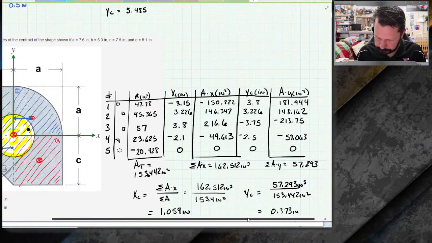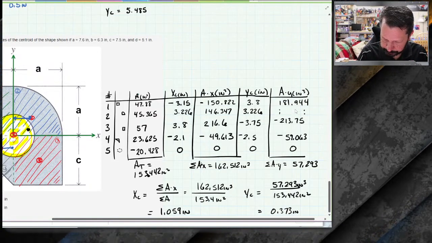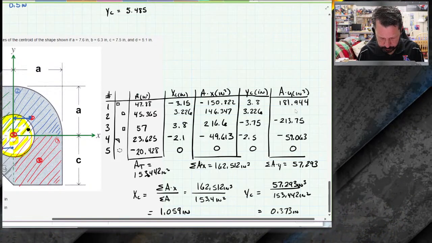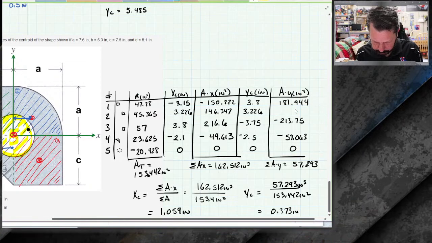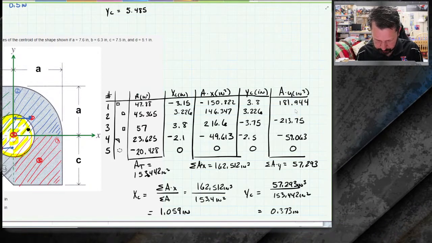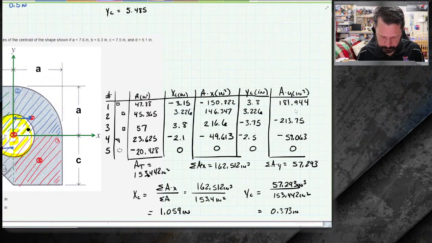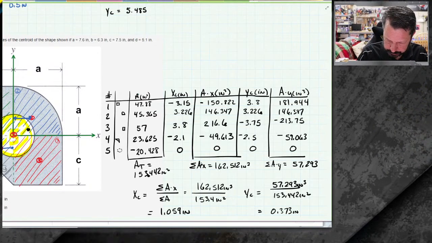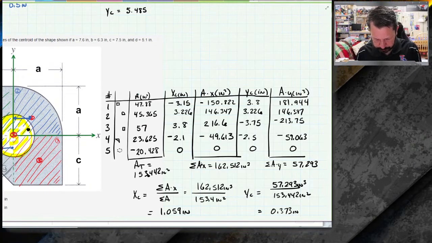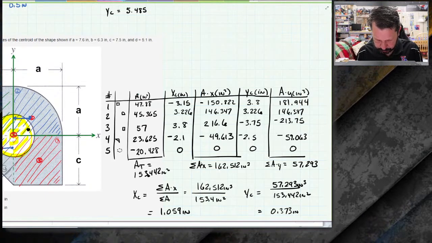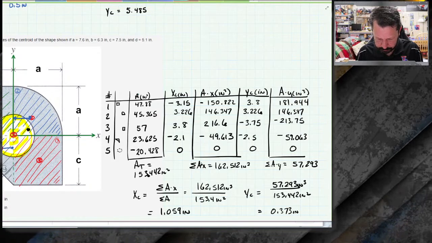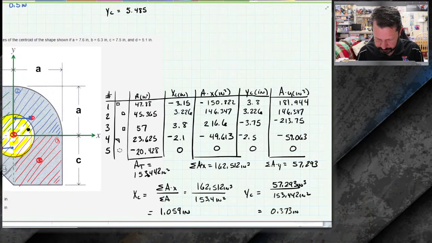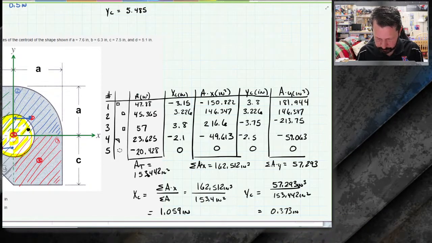All right, so I might have multiplied this number wrong somehow. 45.365 times 3.226 is 146.347. Let's just check the others while I'm here. 57 times 3.75. That one's right. 23.625 times 2.5. That one's right.